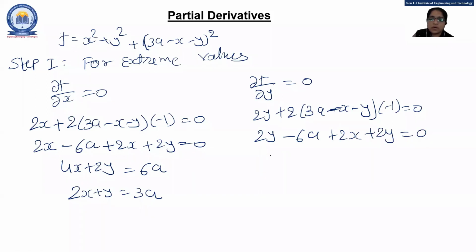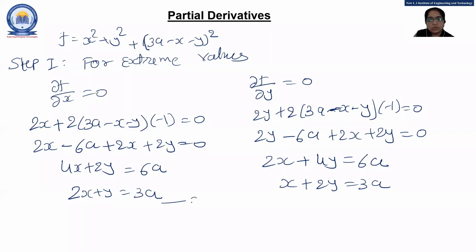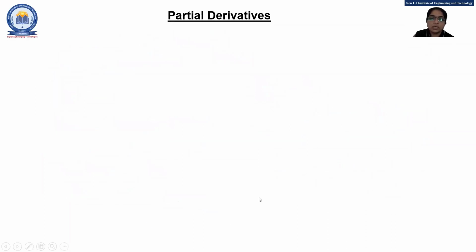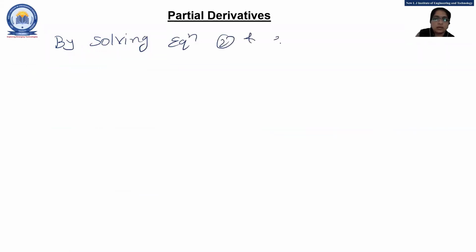So 2y plus 2y is 4y, and by keeping minus 6a on the right hand side, it is plus 6a. If I take 2 common, then x plus 2y is equal to 3a. So this is my equation 2 and this is my equation 3, right? So by solving equation 2 and 3.